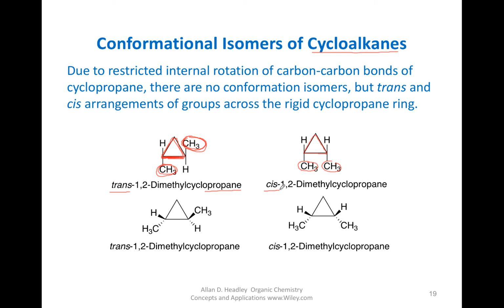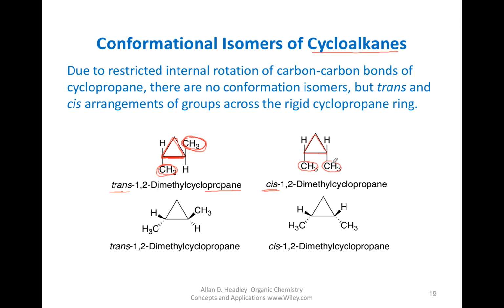So the name of these molecules would be a trans-cis relationship, or cis-trans relationship. But again, convince yourself, these are different molecules, different isomers. They're not conformational isomers because of restricted rotation, but now we call them cis-trans isomers.